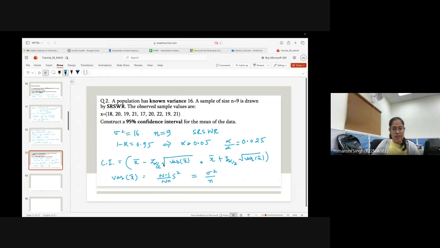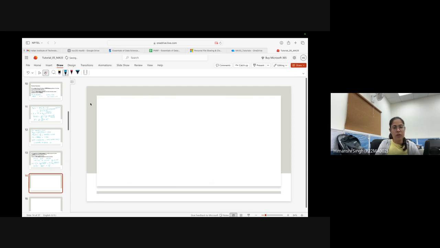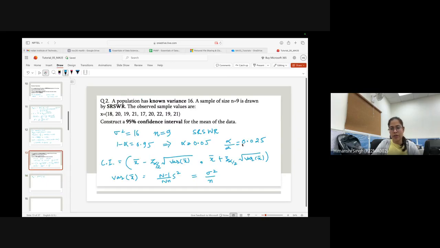Now z alpha by 2 can be calculated using the command qnorm, 1 minus alpha by 2. So what is 1 minus alpha by 2? Alpha by 2 is 0.025, so 1 minus alpha by 2 will be 0.975.